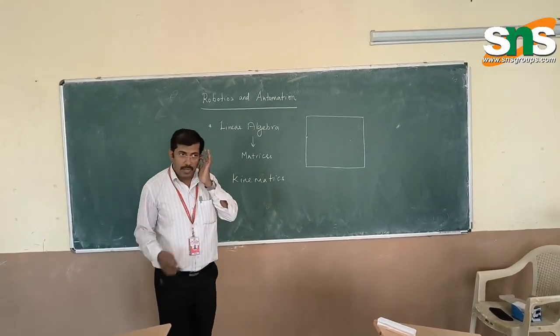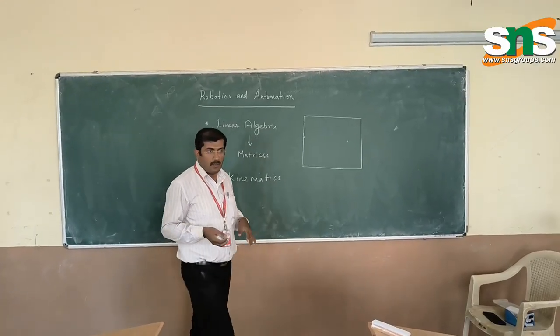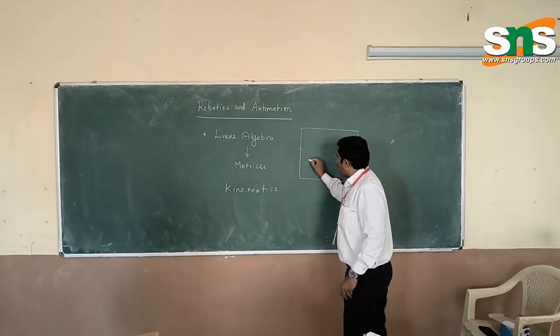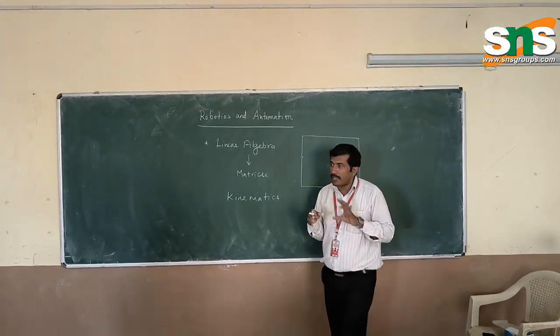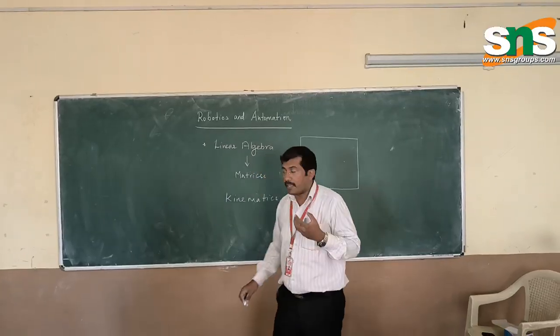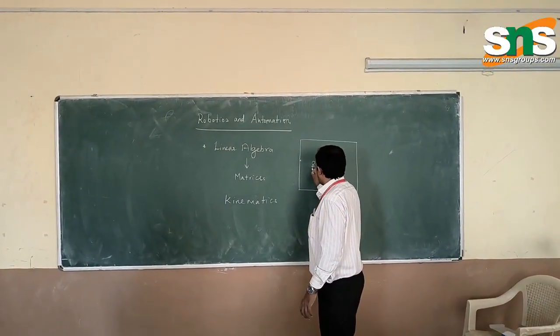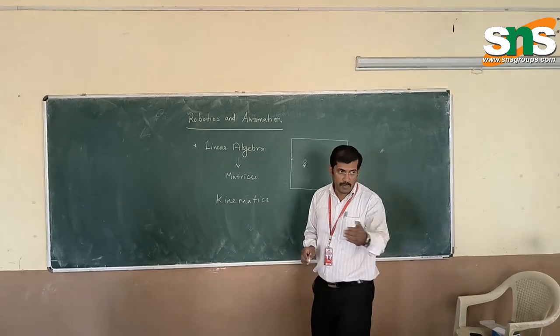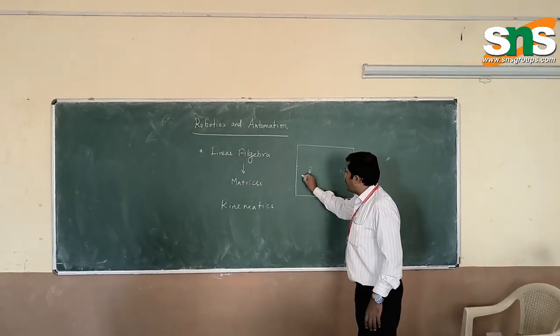In olden days, in previous generations, when we talk about games, for example, have you seen the Mario game? Mario is a game where there will be an object, maybe a person, I would say. It will be jumping.